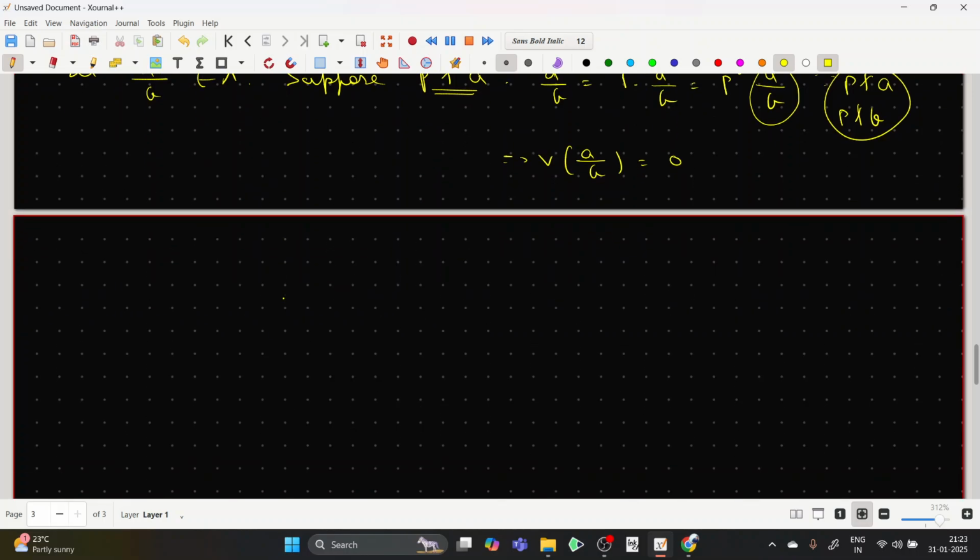So now let P divide A. If P divides A, that means the prime factorization of A contains the prime factor P, right?